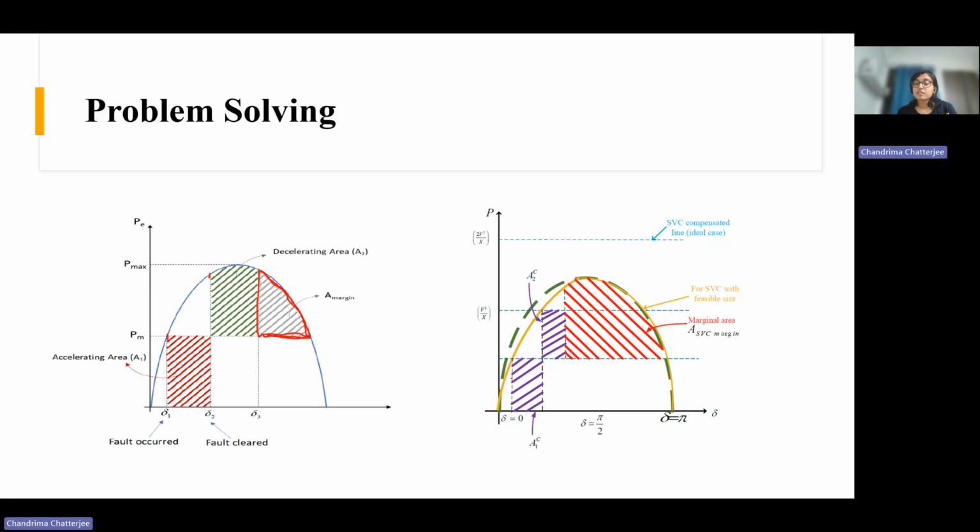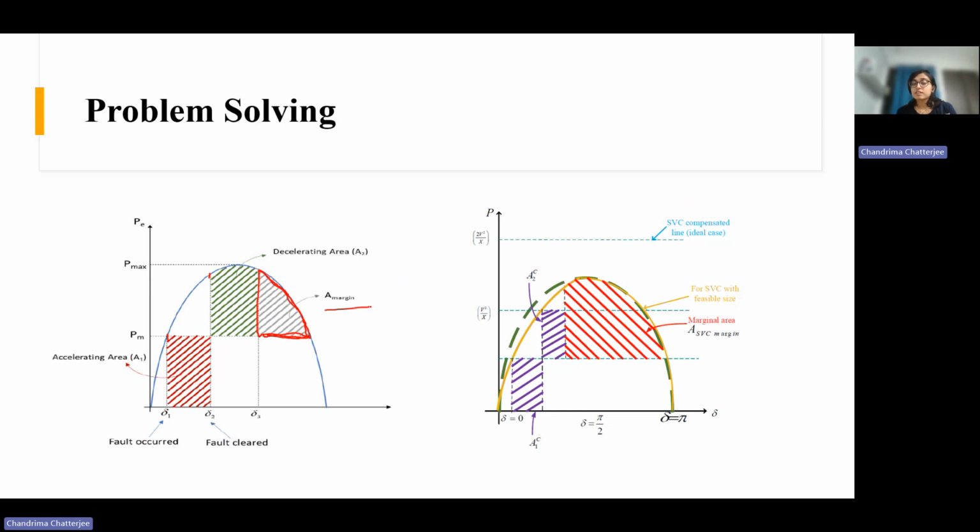If you follow this yellow line, you can see that the marginal area here is much higher than the marginal area of the uncompensated line. Here the decelerating area slightly decreases, but the marginal area is much higher than the uncompensated line.